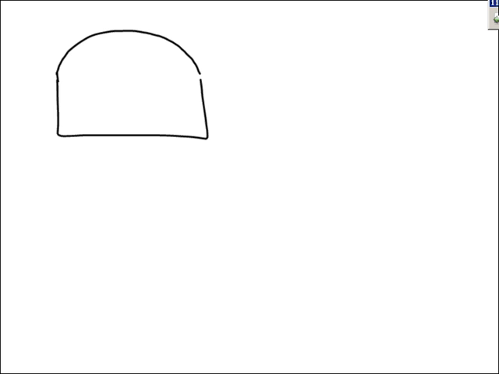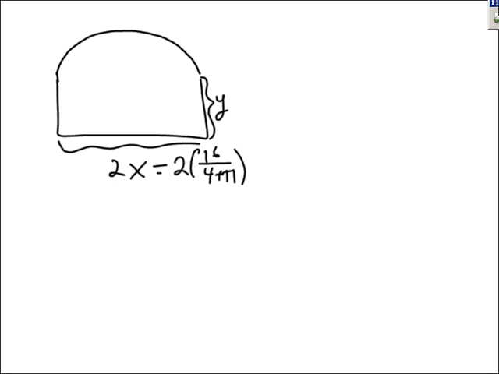And if I'm not mistaken, I call that y, and I call this 2x. Well, I know what x is. It's 16 over 4 plus pi. And 2 times 16 is 32 over 4 plus pi. That's how long I go across.